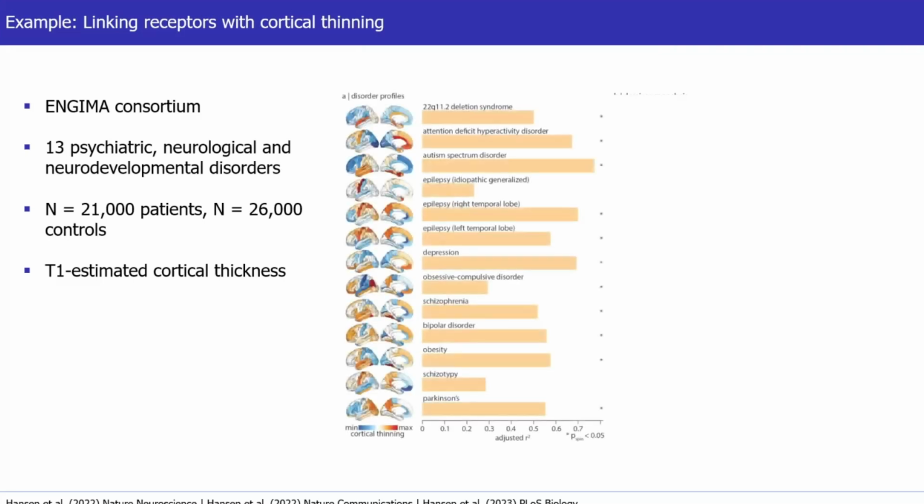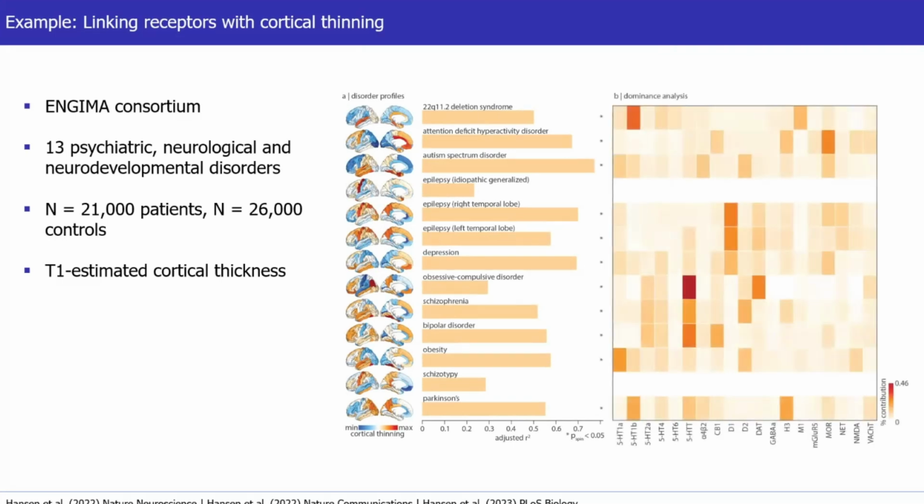At the time, we found data on 13 different diseases, and the patterns of cortical thinning. These are case control contrasts, and the maps are cortical thinning. And what we asked was very simply, using Neuromaps, whether these patterns of cortical thinning in these different diseases correspond to patterns of neurotransmitter receptors and transporters. And that's what you're seeing here.